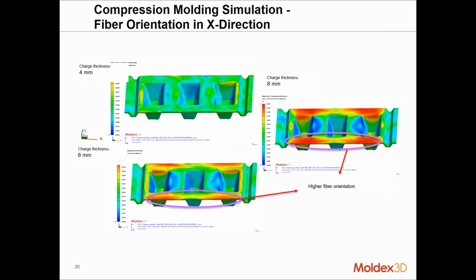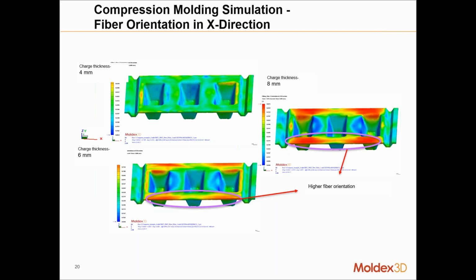So again, let's look at fiber orientation with the different thickness in the charge. As you can see, depending on where the fiber alignment is important for the part's strength or mechanical properties, the charge thickness in itself, due to the difference in flow, will have an effect on how your fibers are being aligned.